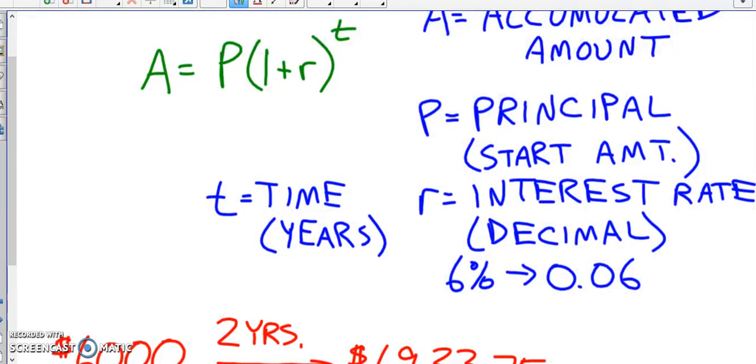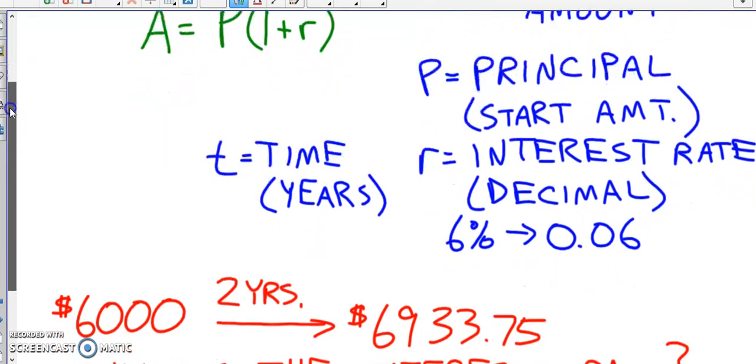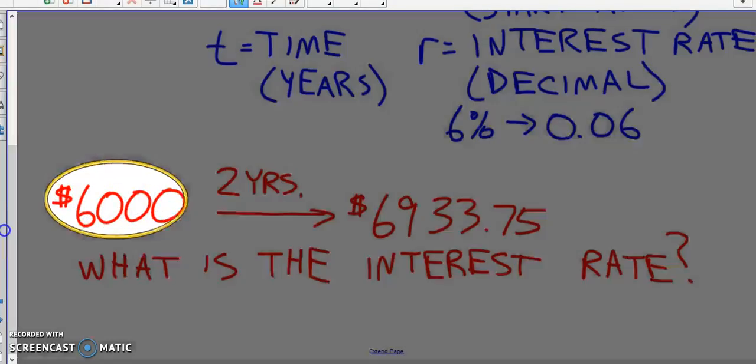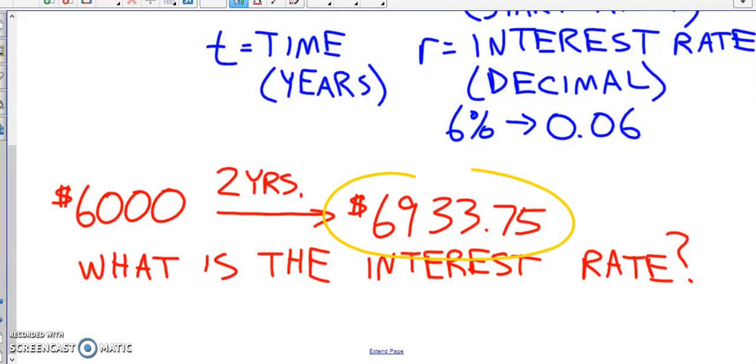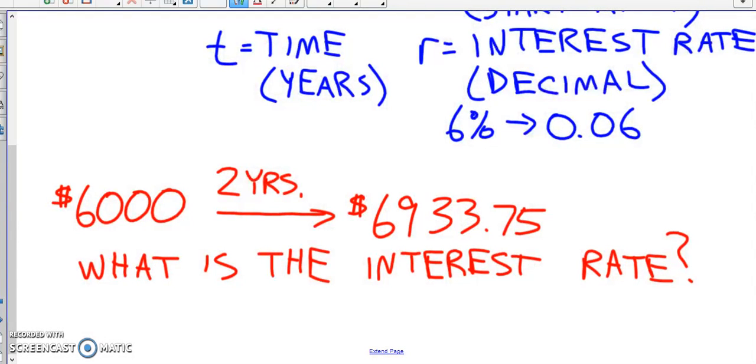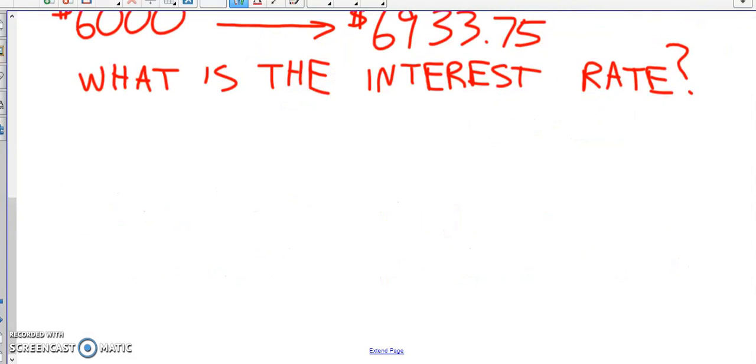The thing kids tend to have a hard time with is the difference between the accumulated amount and the principal. Well, the principal is the amount you start with, so that would be this $6,000 right here. And the accumulated amount would be the amount after a certain amount of time. So what I'm going to do is write down the formula.